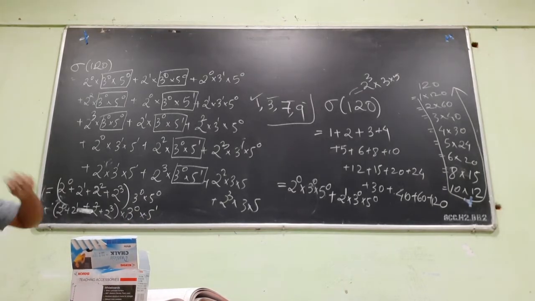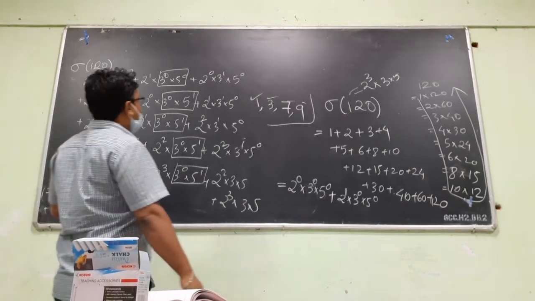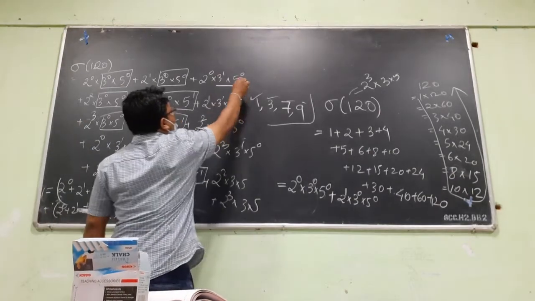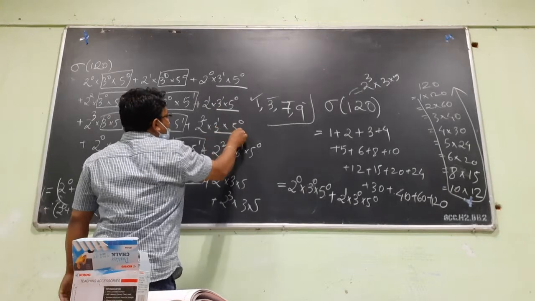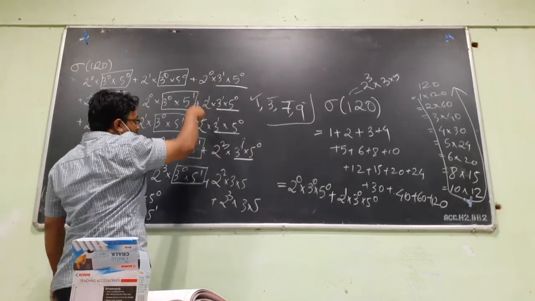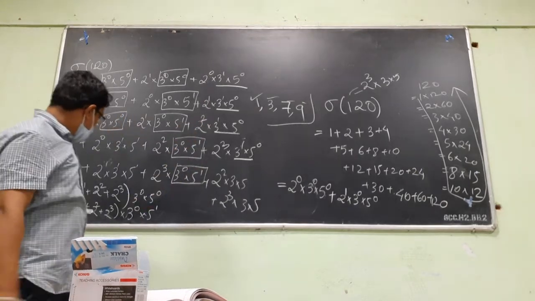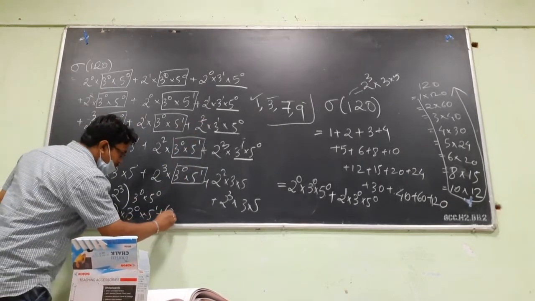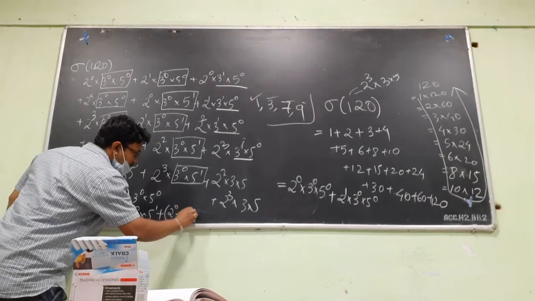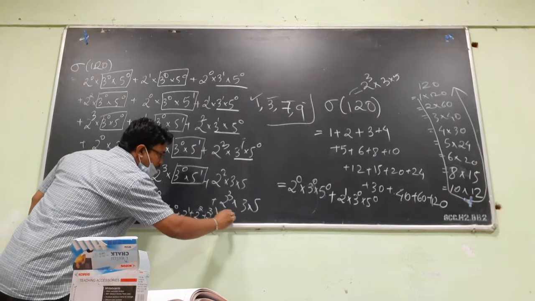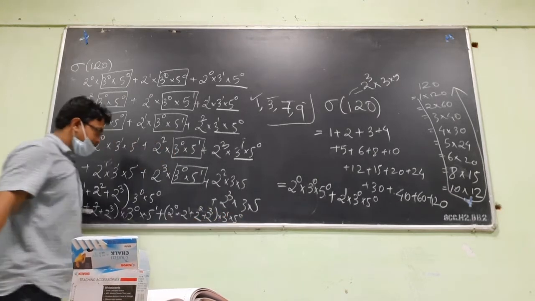Okay, so next you try 3 to the power 1, 5 to the power 0 terms. Here 2 to the power 0, 2 to the power 1, 2 square, so you will get another term, something like this: 2 to the power 0, 2 to the power 1, 2 square, multiplied with 3 to the power 1 into 5 to the power 0.